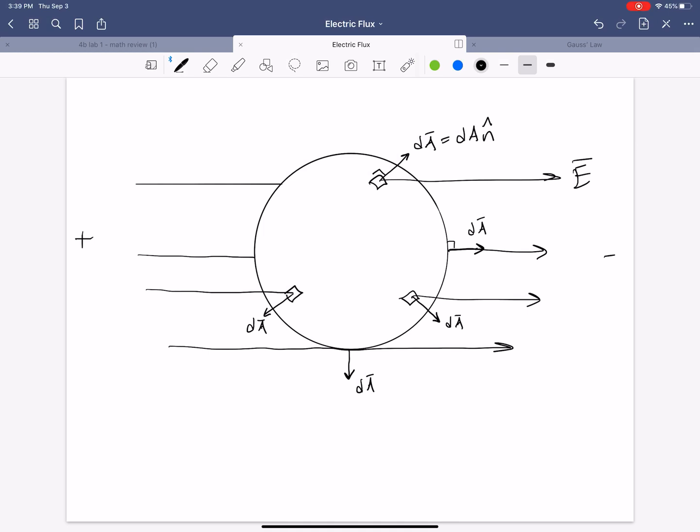And so the relationship between the dA vectors and the electric field, which is always in the same direction, well, there's an angle in between each of them. That's 90 degrees, and that is its own angle, theta.